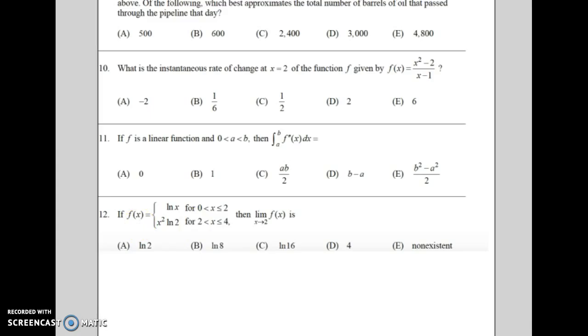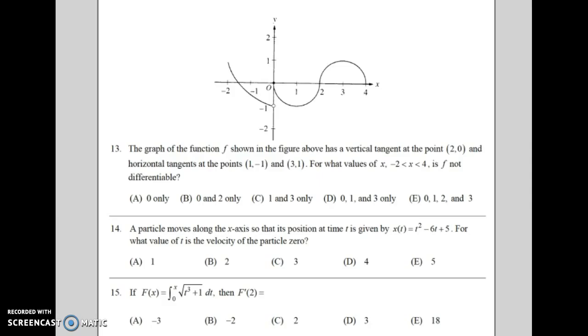Okay? Question 13. For question 13, the answer is 0 and 2 only. It is clear that it is not differentiable here at 0 because there's this break in the graph, but it's also not differentiable here at 2, and they're explaining here because there is a vertical tangent.